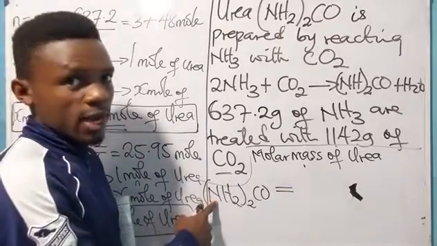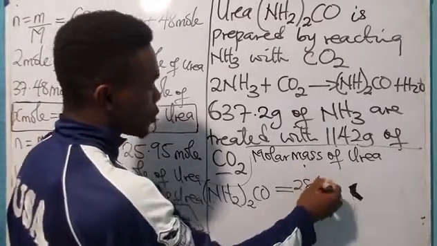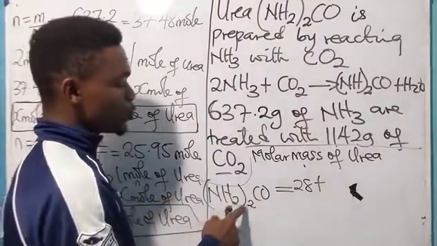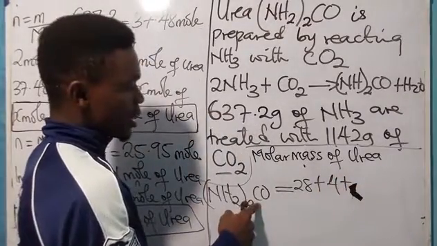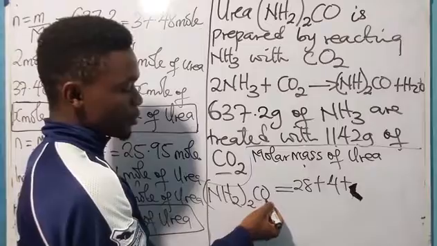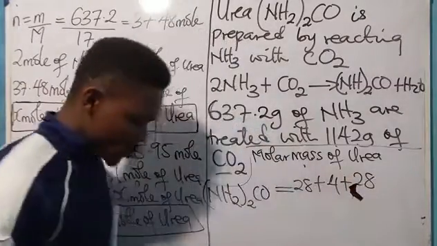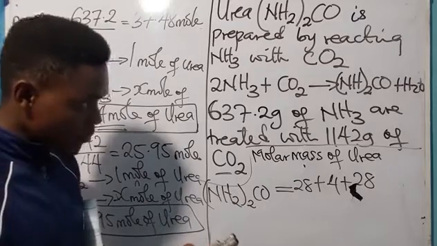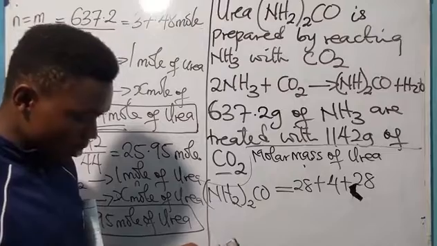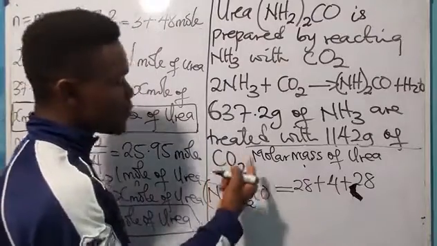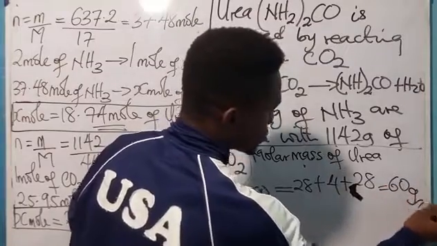Nitrogen is 14, so 14 times 2 is 28, plus hydrogen is 2, 2 times 2 we have 4, plus carbon is 12, 12 plus 16 you have 28. So 28 plus 4 plus 28 equals 60. The molar mass of urea is 60 grams.